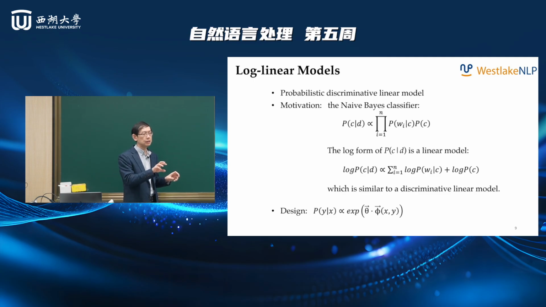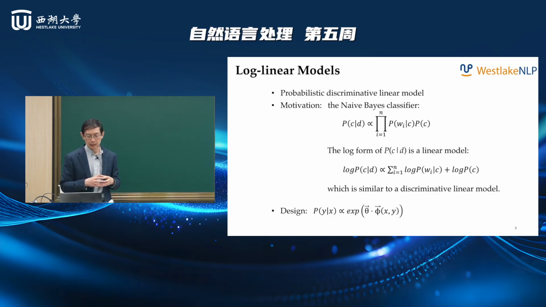The phi definition is the same as SVM. But theta dot phi is from minus infinity to infinity. We want to make it an exponential function over theta dot phi so that the result is something between 0 and 1. What functions can allow us to do that?